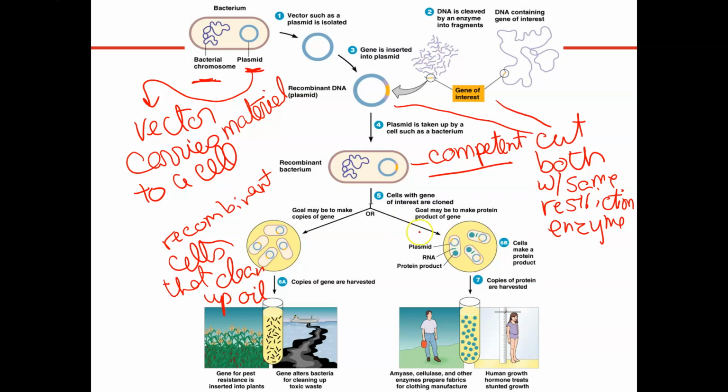Over here, we can take the bacteria that are now recombinant and we can harvest proteins produced. And these proteins might be used in making clothes or in treating diseases.